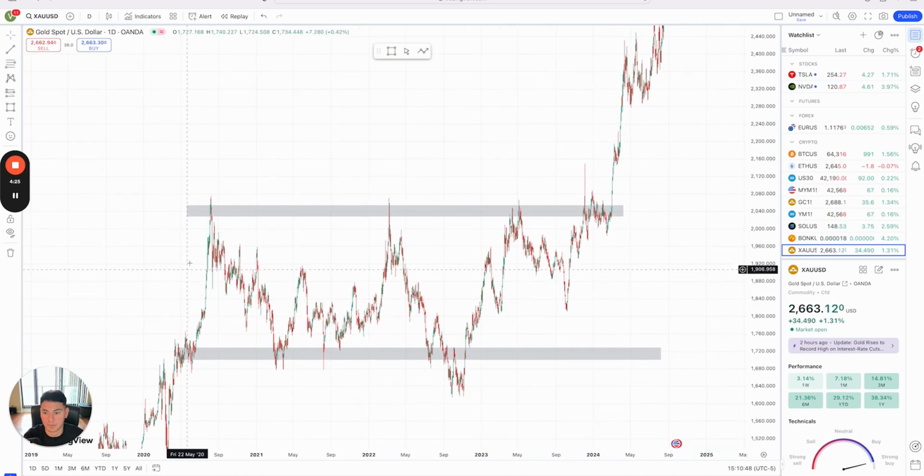But what happens when price gets to this point and instead of going all the way up, it retraces, and it does it one more time right here, and instead of going all the way up, it retraces? Why? Because there is another resistance right there, and I'm going to help you identify all of that.